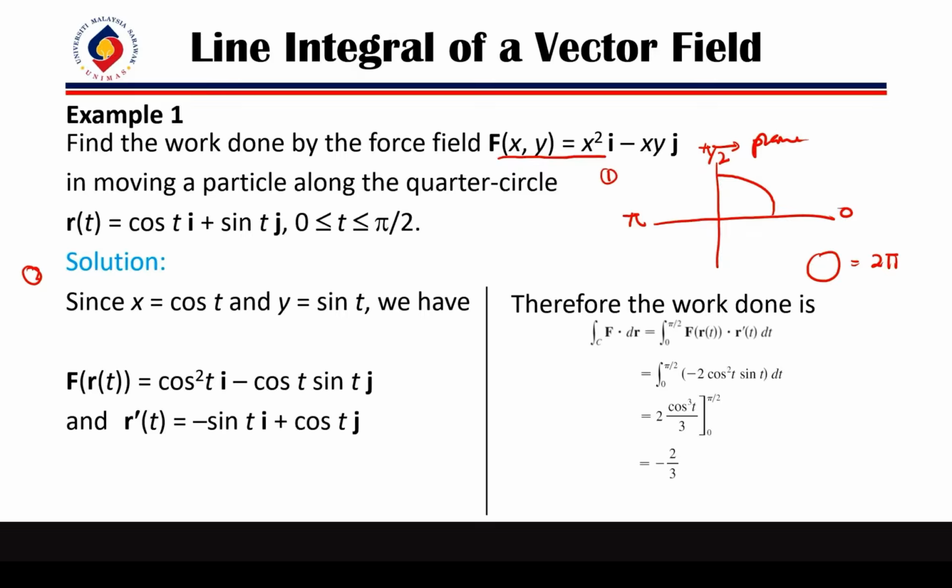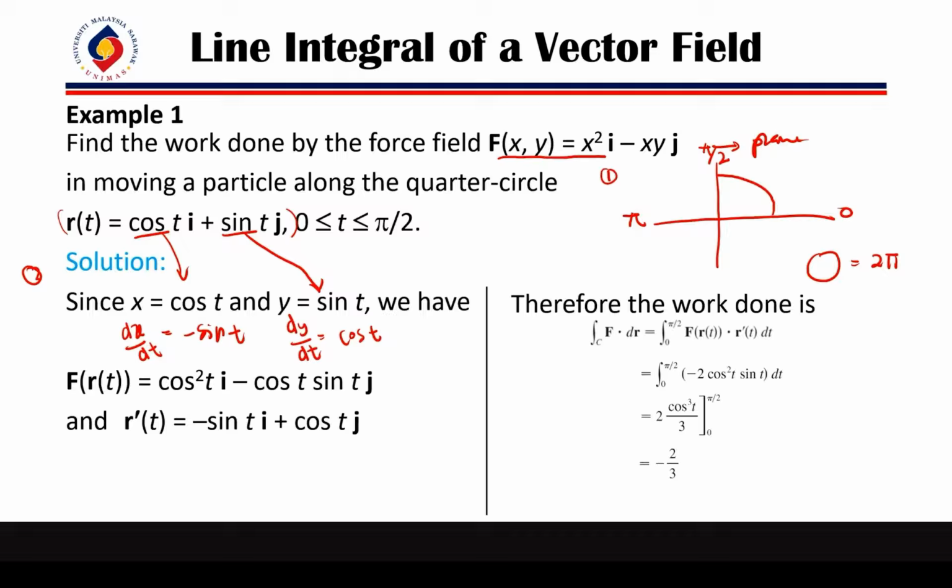We identify this cos t as x and sin t as y. So we have this curve. Then we differentiate the curve: dx over dt is equal to negative sin t, and dy over dt is equal to cos t.